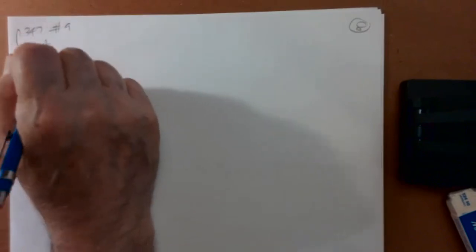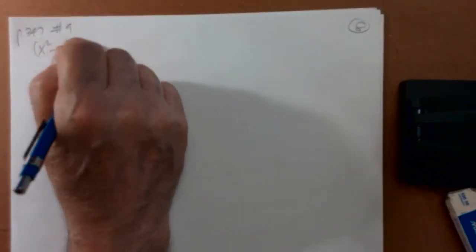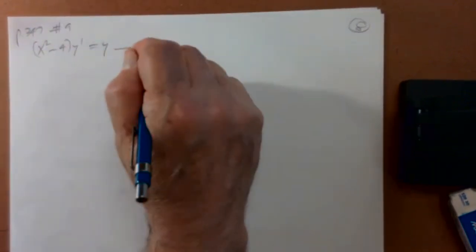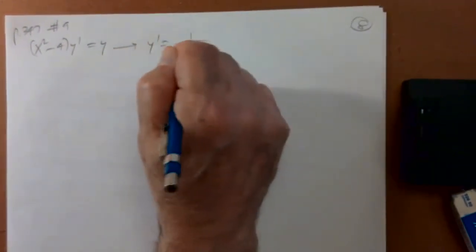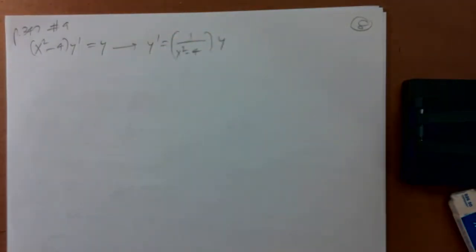So we have the following differential equation: x squared minus 4 times y prime equals y. Or I can write this as y prime equals 1 over x squared minus 4 times y.